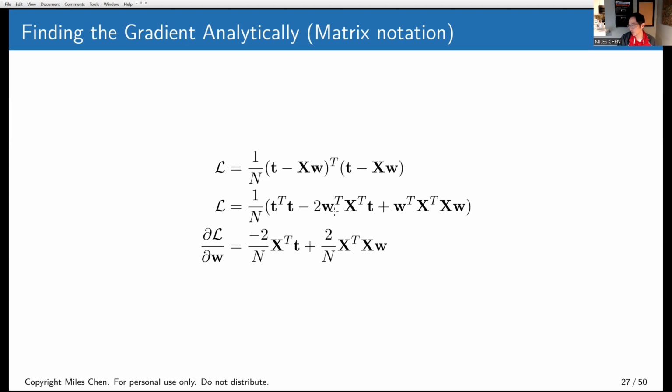So we end up with minus 2 W transpose X transpose T plus W transpose X transpose XW. Then when we take the gradient with respect to W, we get X transpose T and X transpose XW, or 2 X transpose XW. So this is minus 2 over n this, and 2 over n this. This is the gradient of the loss function with respect to W.